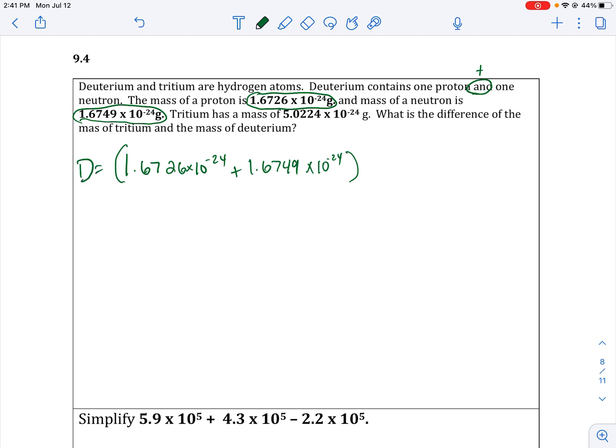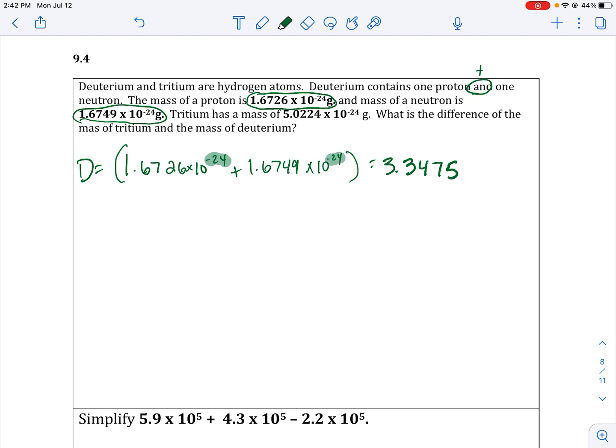So we're going to take 1.6726 and we're going to add 1.6749, and that gives us 3.3475.